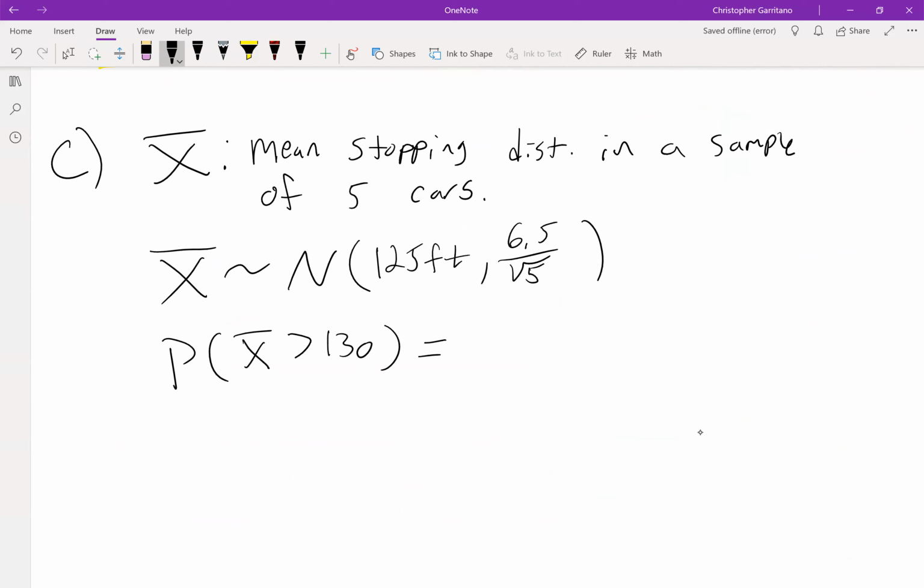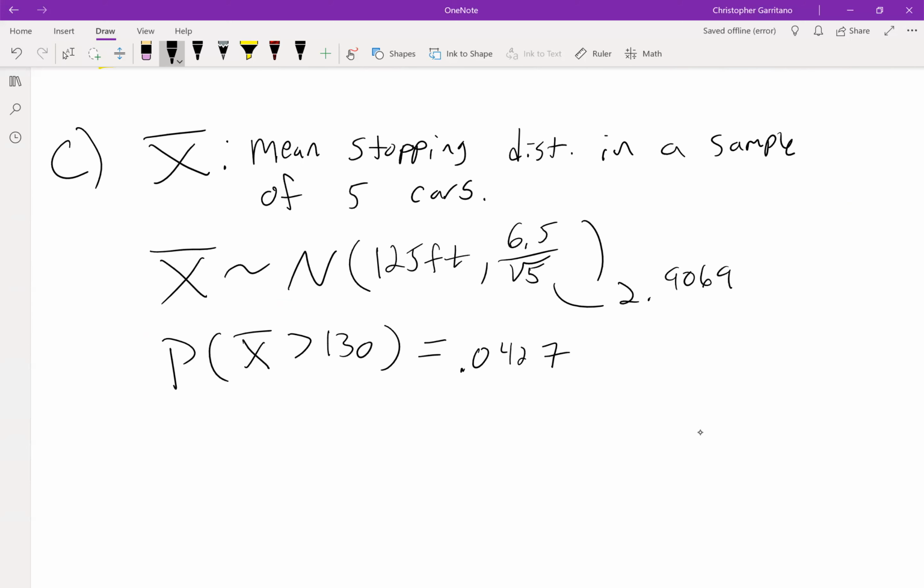This is quite simply a normal CDF problem. 6.5 divided by radical 5 is, so let me just write this, 2.9069. So normal CDF, 130, comma 99999, comma 125, comma 2.9069. So this probability is about 0.0427.